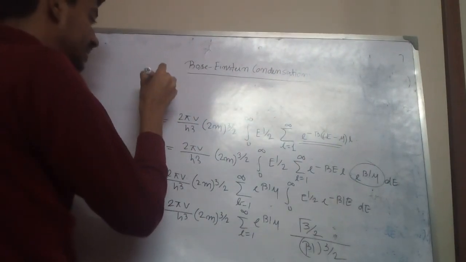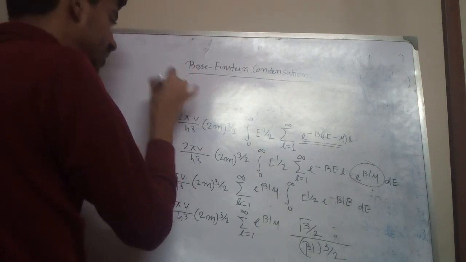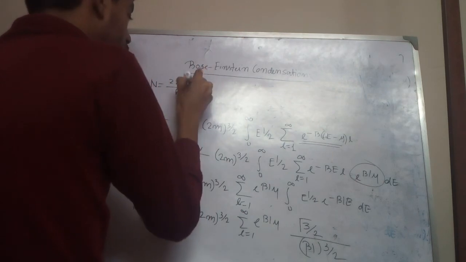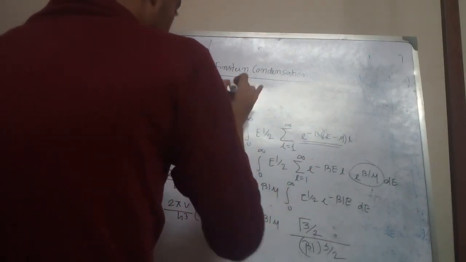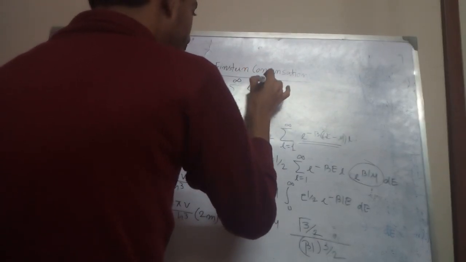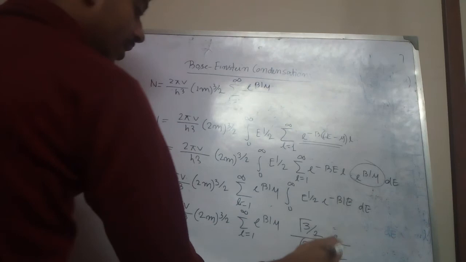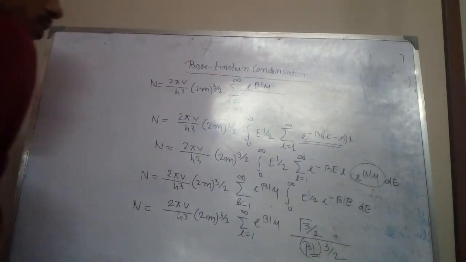That N is 2 pi V by h cubed (2m) to the power 3 by 2, L running from 1 to infinity e to the power beta L mu, divided by L to the power 3 by 2.